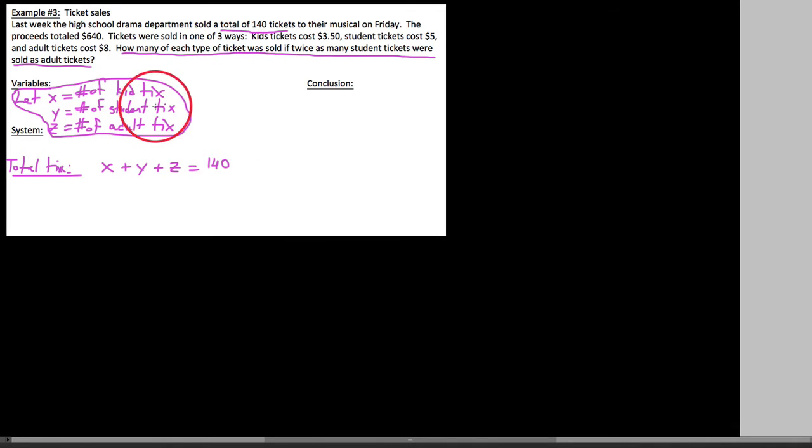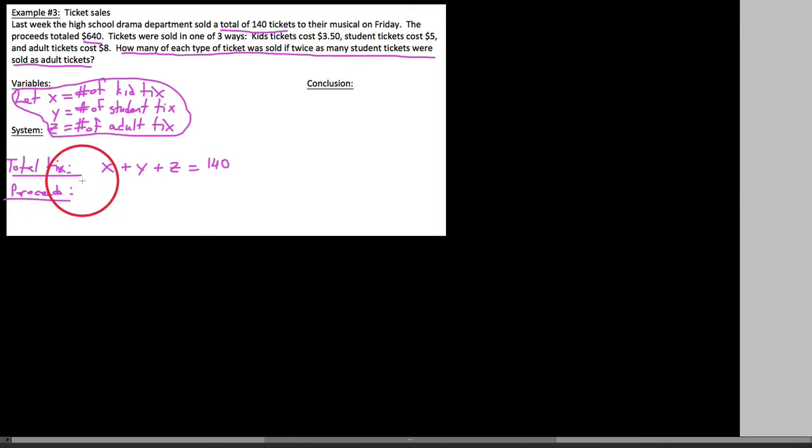In this equation, we have units of tickets, and the next thing I see here are dollars. So we must have some equation that represents our proceeds, in terms of dollars. To figure out how much I made, I know that I make $3.50 for every kid ticket, $5 for every student ticket, and $8 for every adult ticket.